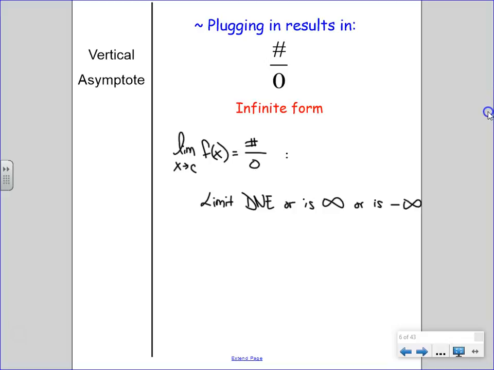So either it agrees going positively at a vertical asymptote, it agrees going negatively at a vertical asymptote, or it disagrees, hence DNE. 1 over x squared is the one where they both agree; they go to the same thing. Positive infinity would be something like 1 over x squared, a great one. Negative infinity would be negative 1 over x squared. There you go. Cool.